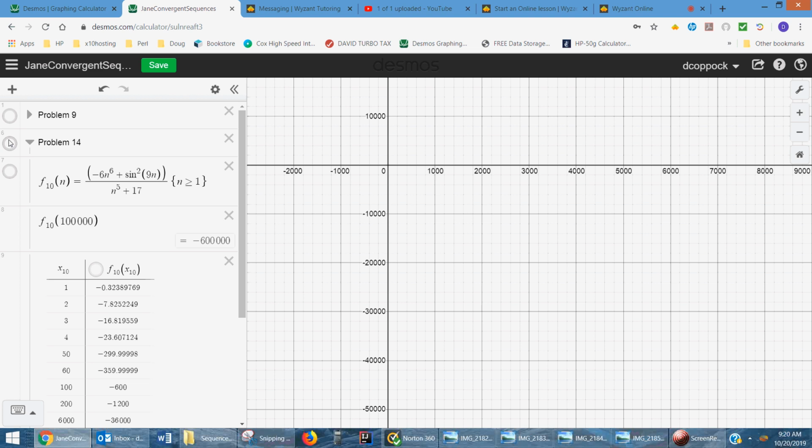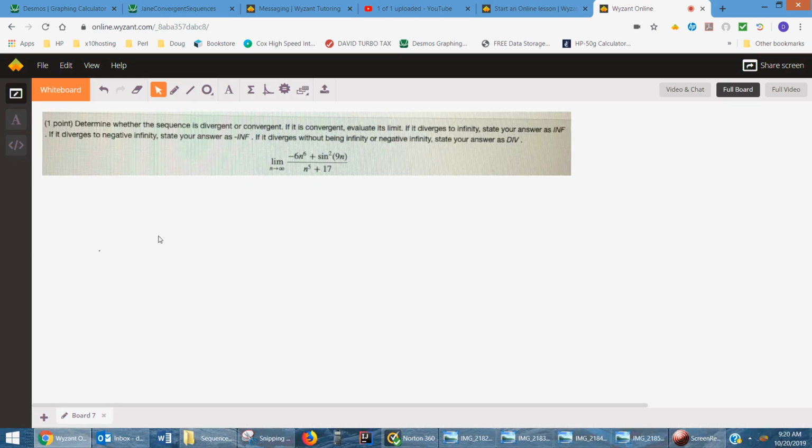Question: is there a way to deduce that the limit is negative infinity without actually graphing the thing? How you would know to do this is based on experience and seeing other examples.